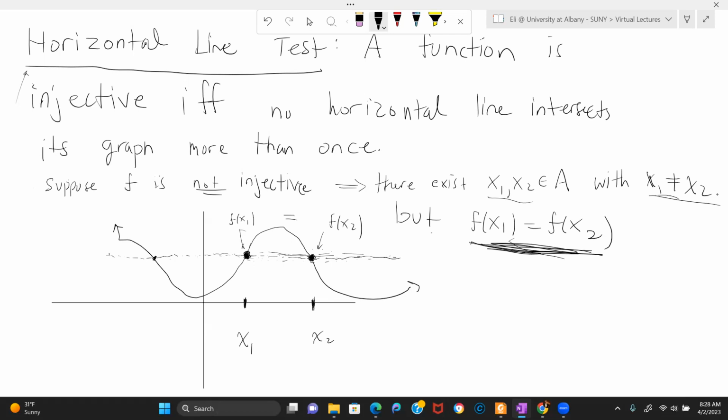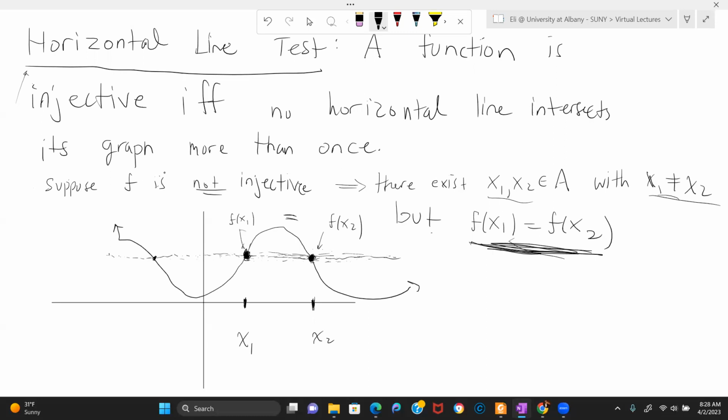Since these points on the curve also lie on the same horizontal line, their outputs have to be equal because, as I said, the y coordinate, the output, is constant on a horizontal line. So that's why we have this horizontal line test. That's why this is true.